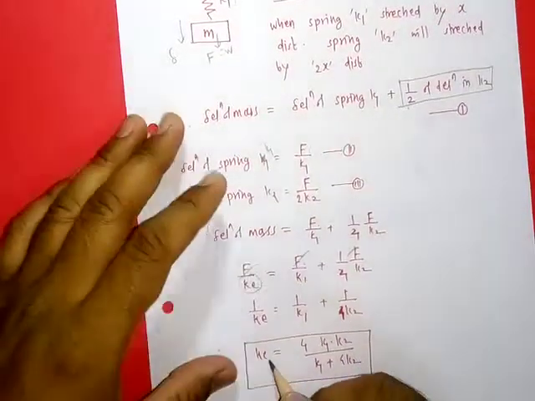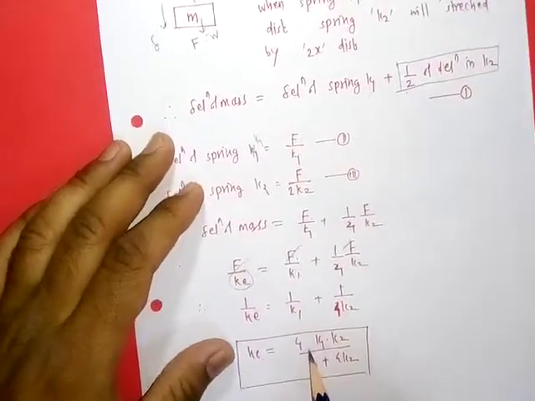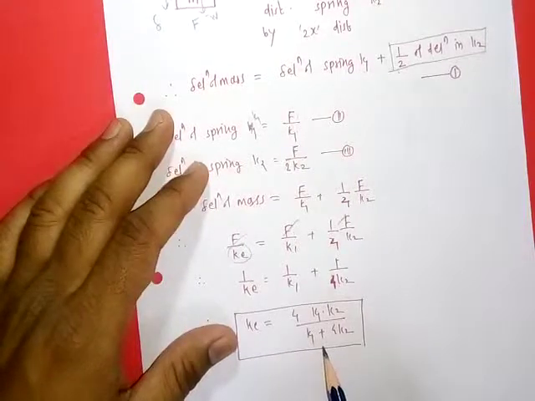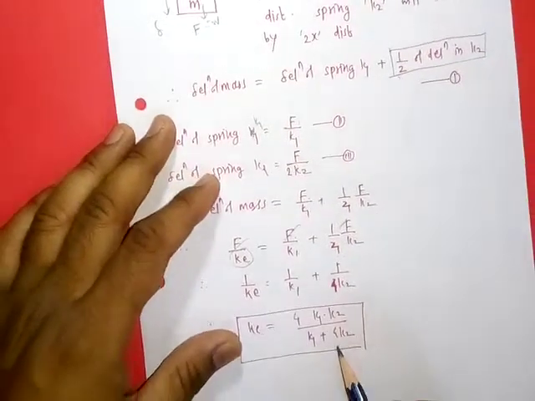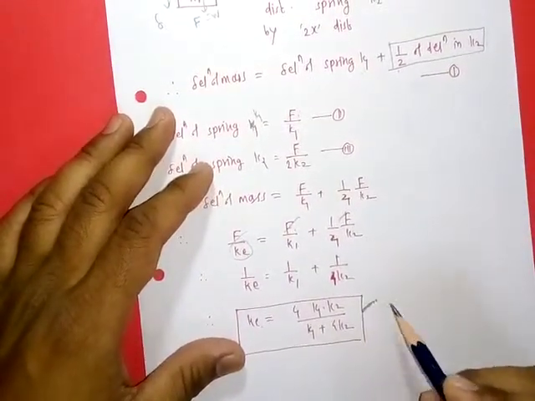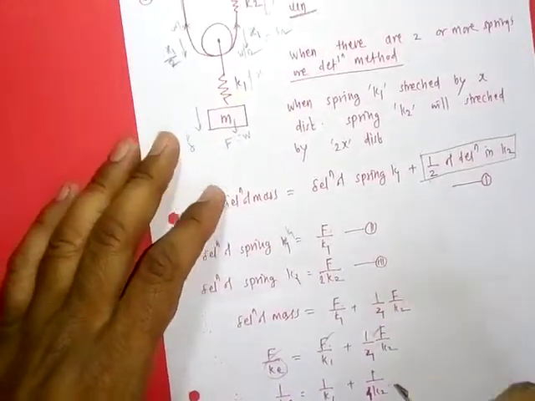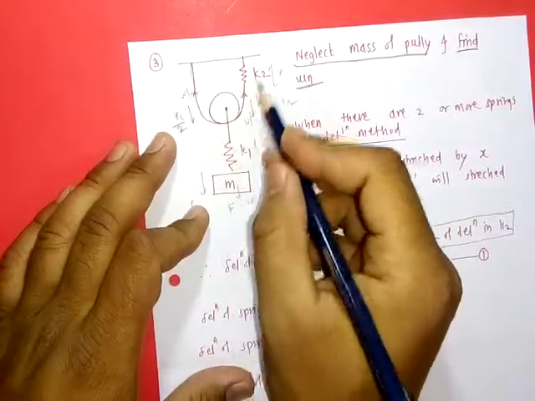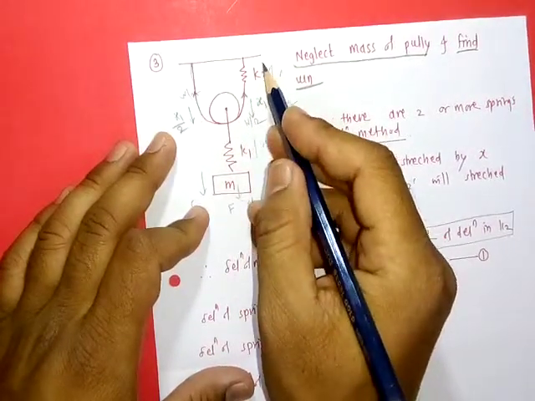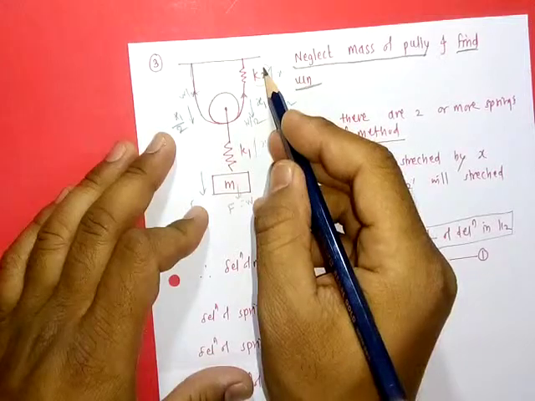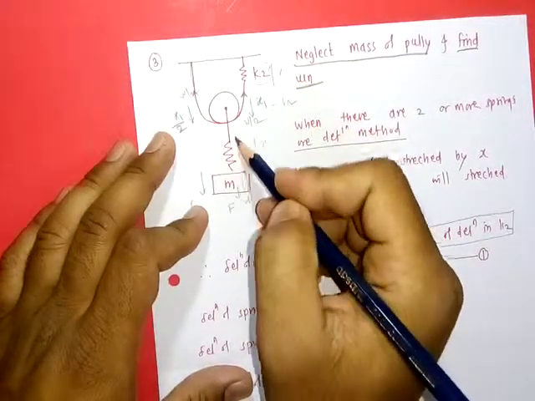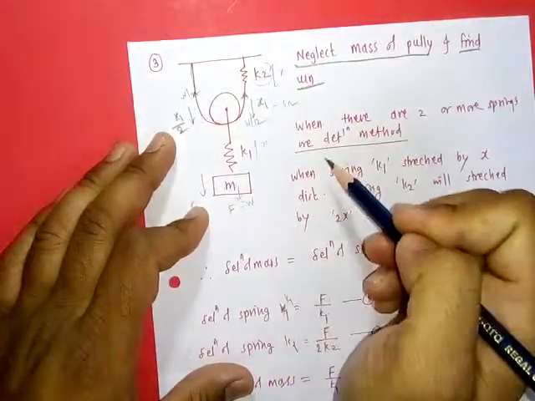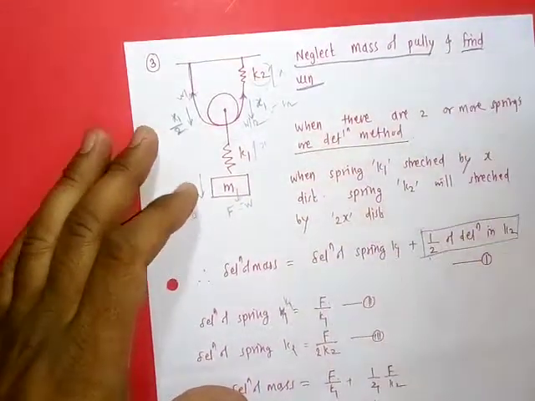Then solving for Ke, you get Ke equal to 4 K1 K2 upon K1 plus 4 K2 (the equivalent stiffness for this system). Remember that here two springs are there and deformation in this spring is independent of deformation in this spring. In that case we use this equivalent deflection method.